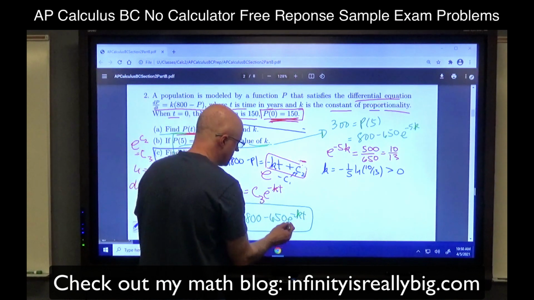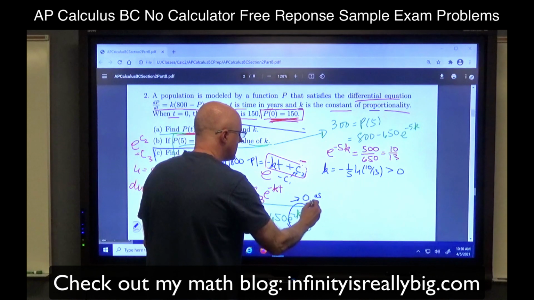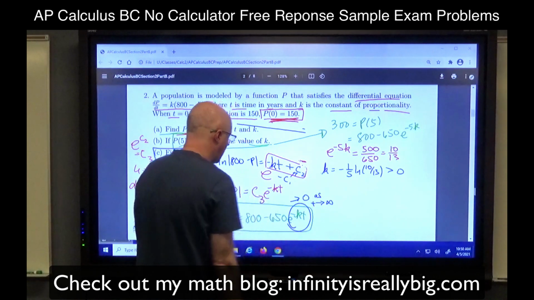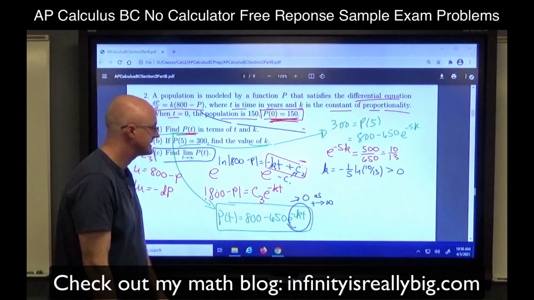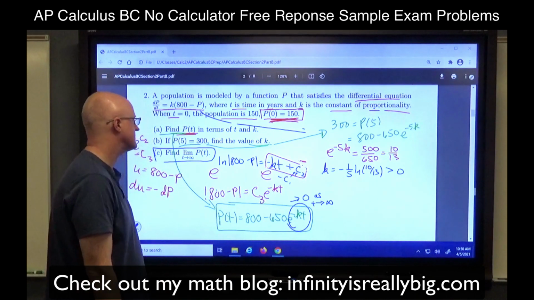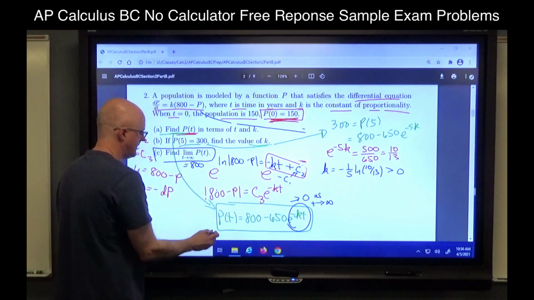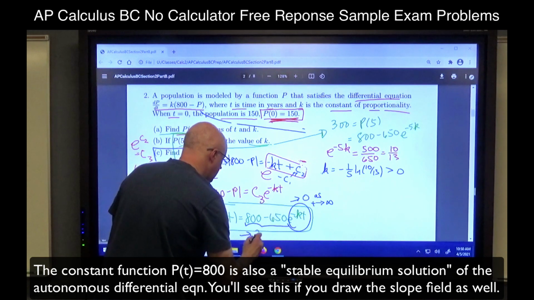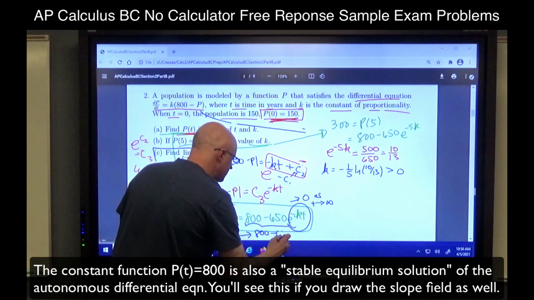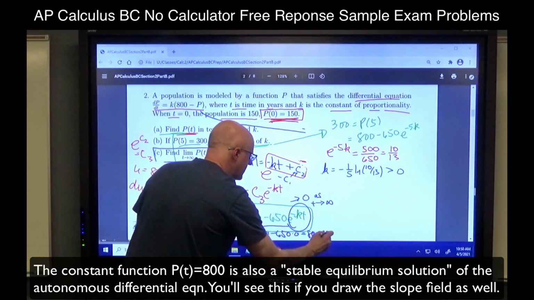This does go to 0 as t goes to infinity. And that means the whole thing goes to 800 minus 650 times 0, which is 800.